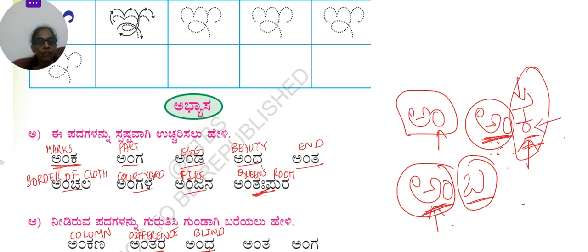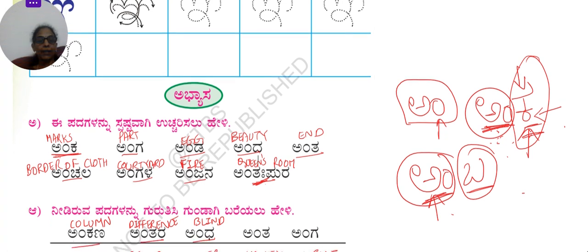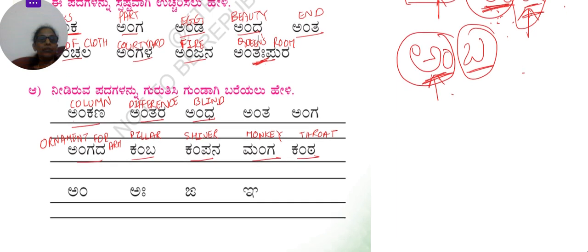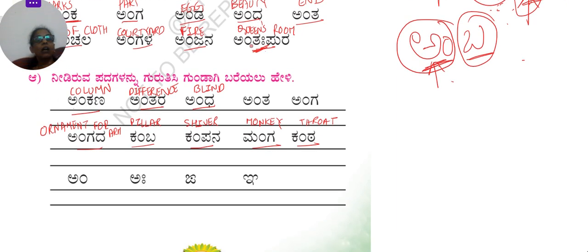So there's a difference. This is Andha and this is Andha. Andha is beauty. Andha means somebody who is blind. Then Anta. Anta we saw. Anta is end. Anga is part of a body or just a part. Angada. It's an ornament or a jewel you wear on your arm.